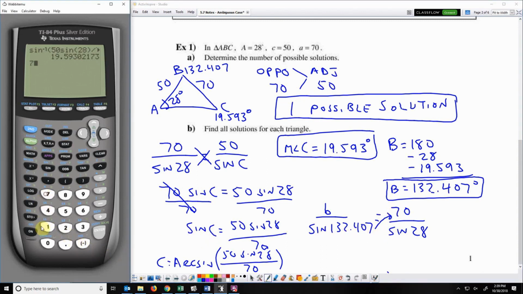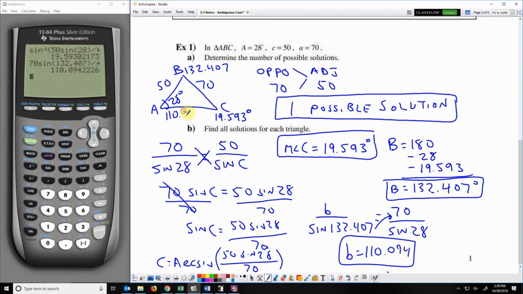So I'm doing 70 times sine 132.407 divided by sine 28. And I get 110.094. So now I've got all sides and all angles for that triangle.